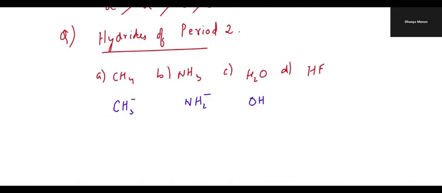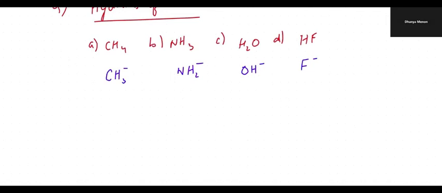If HF loses one hydrogen, it becomes F minus. Now, when the negative charge is on different atoms, we look at the electronegativity. So who is the most electronegative? Fluorine. So it is more stable. So definitely D is more acidic, right?